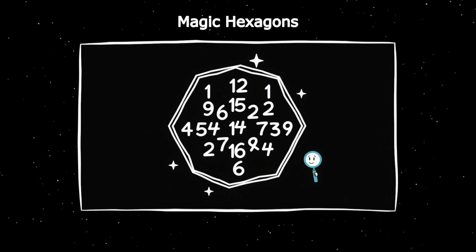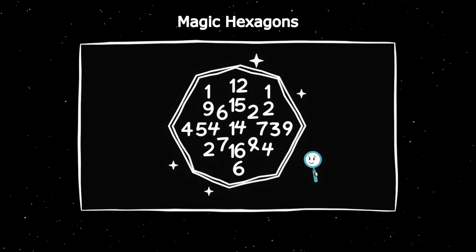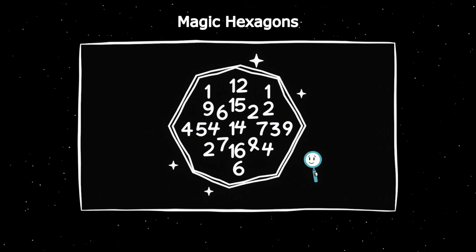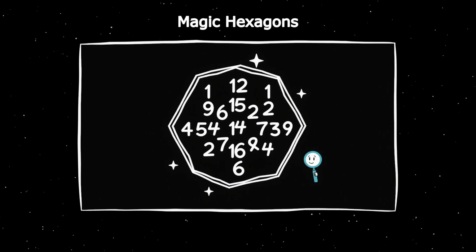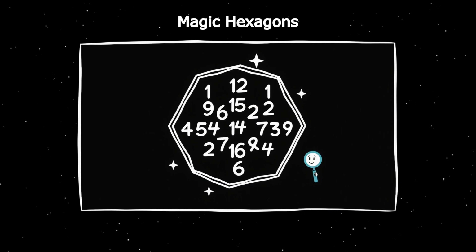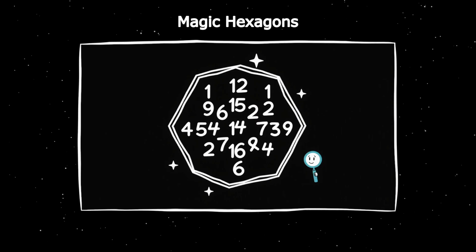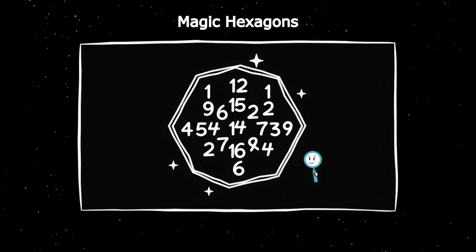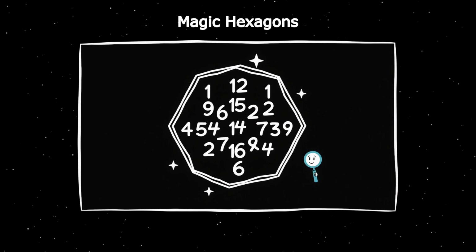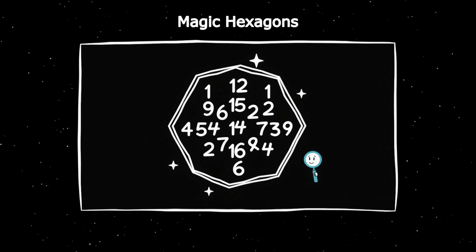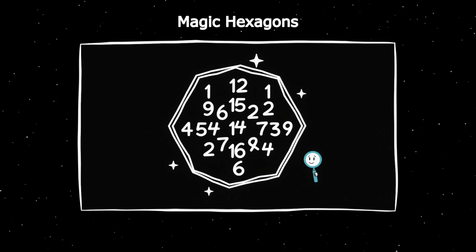The unique aspect of magic hexagons is that the arrays can vary substantially in appearance, yet still maintain the core magical property of equality in sums. What makes these hexagons particularly mesmerizing is the interplay between geometry and arithmetic.